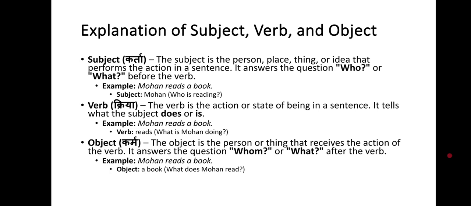So let's understand what the subject, verb, and object are, and the meaning of these things. Basically, what is the subject? In Hindi, we can call it karta. The subject is the person, place, thing, or idea that performs the action in the sentence.